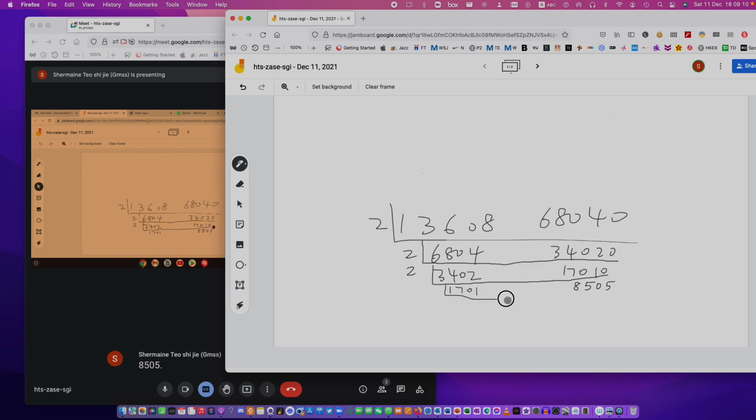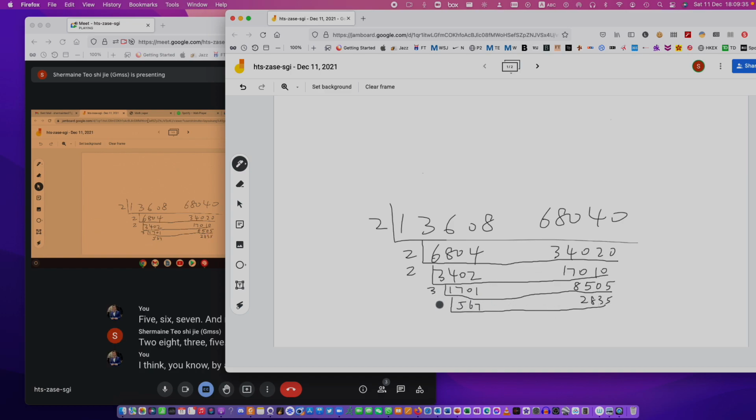I think you need to divide by a 3 already. 567. Then next, 2835. I think divide by another 3. 189.